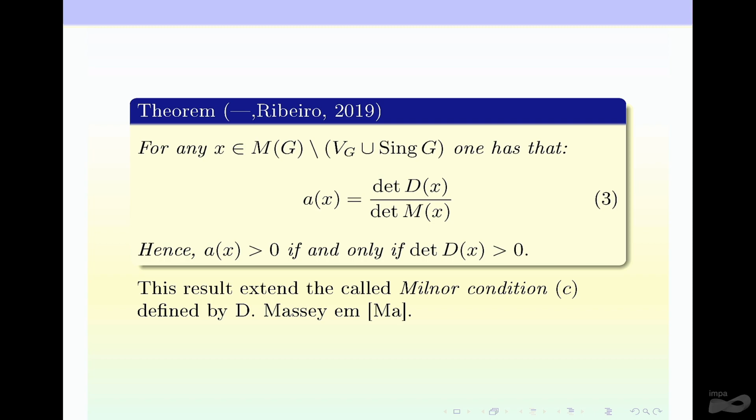This result extends a condition called the Milnor condition C, which was defined by David Massey in a paper where he was trying to prove some condition which depends on the construction of such a Milnor vector field. But anyway, this is a more general result in some sense.